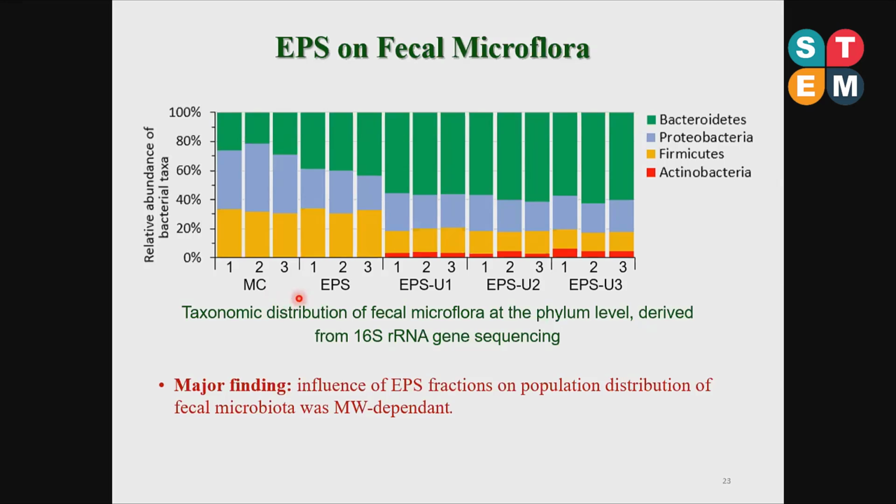After supplement of different EPS, they have different effects, resulting in different population distribution, composition, or relative abundance of the fecal bacteria. So our result shows that the influence of EPS fraction on the composition of the fecal microbiota was molecular weight dependent.